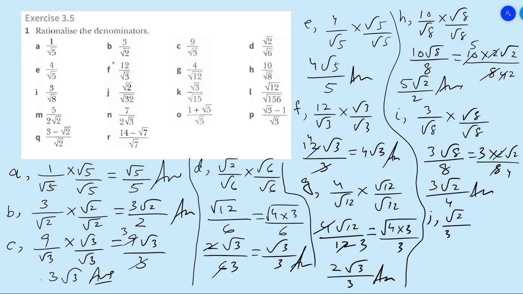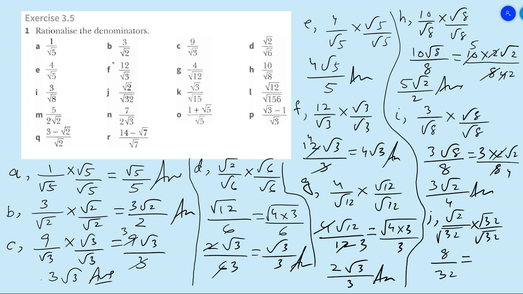Part J, root 2 upon root 32. Multiply by root 32. Root 2 into root 32. So root 2 into 32 is root 64 and root 64 is 8 upon root 32 into root 32, which is just 32.